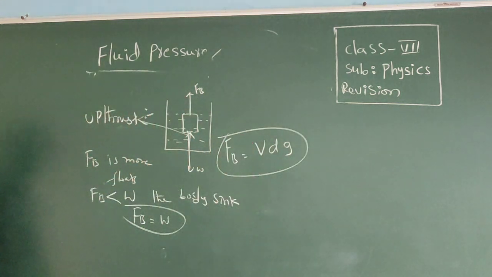So FB equals V D G, where V is the volume of the body immersed, D is the density of the liquid, and G is acceleration due to gravity. From this relation we can write upthrust equals weight of the liquid displaced by the submerged part of the body.